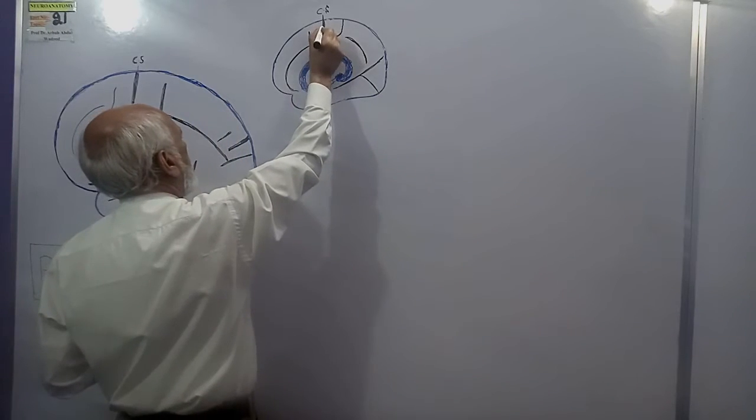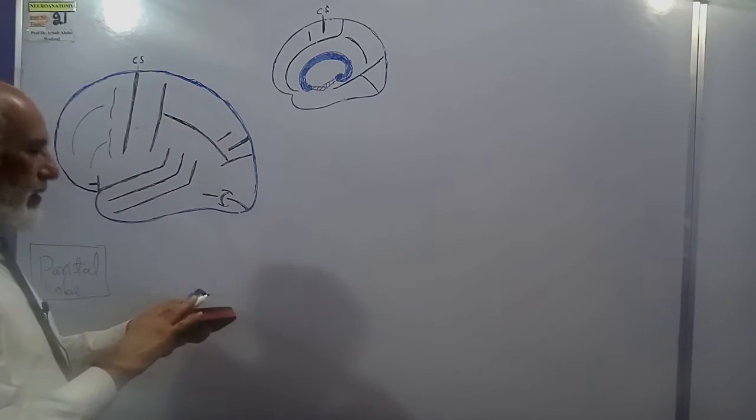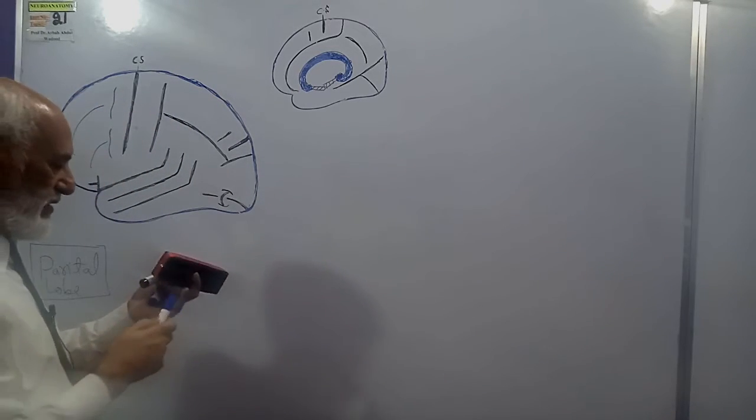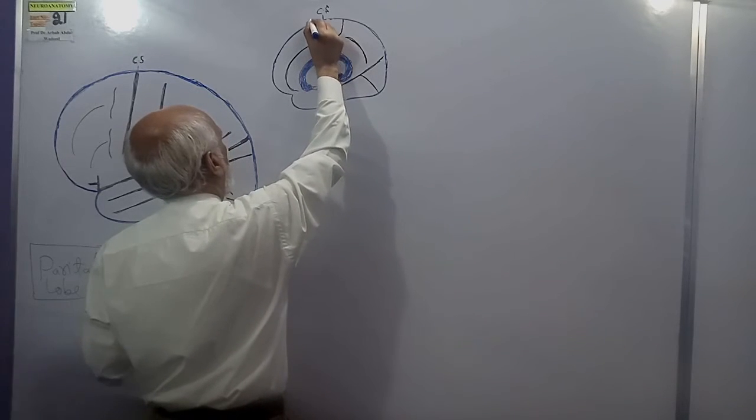This is the part of the central sulcus on the upper part of the medial surface. And here you can see the paracentral lobule.